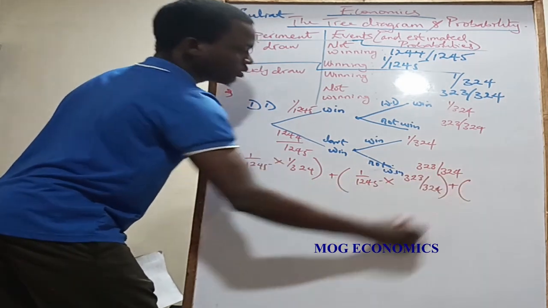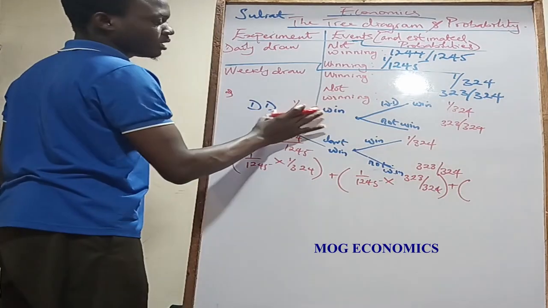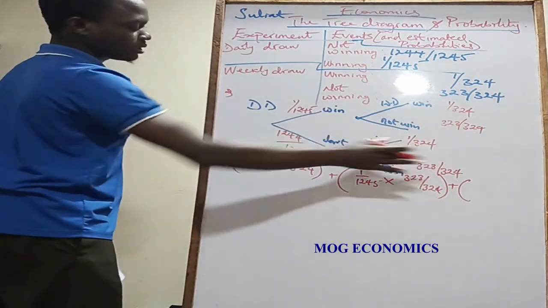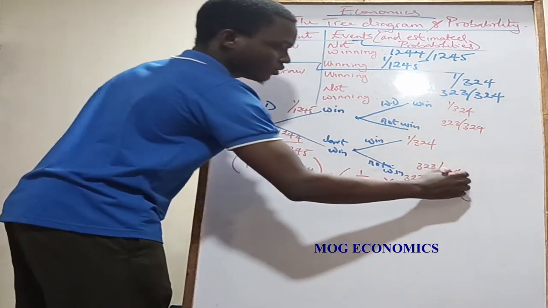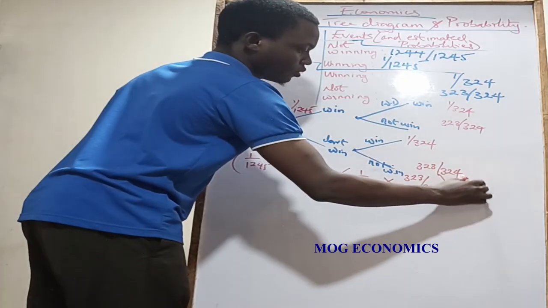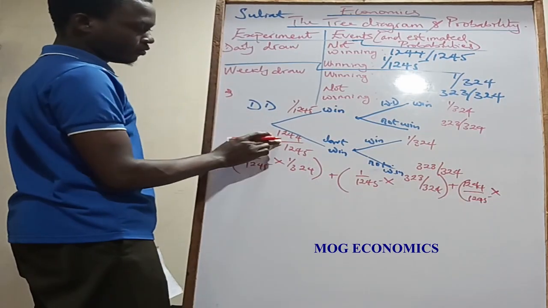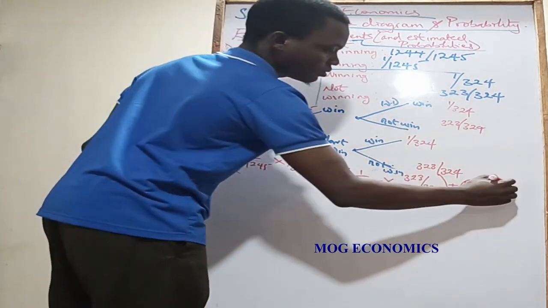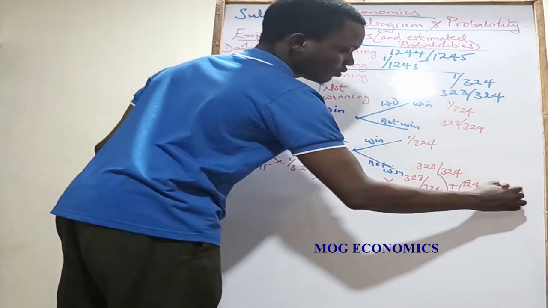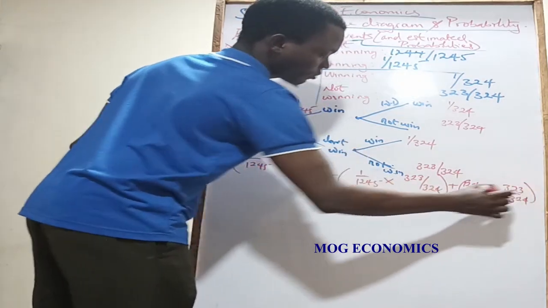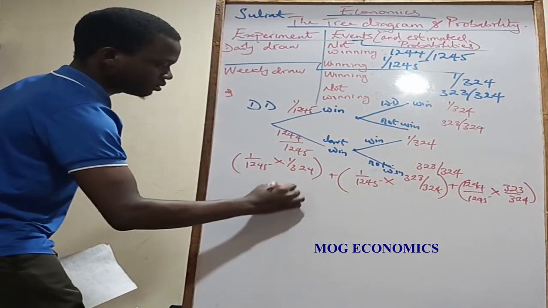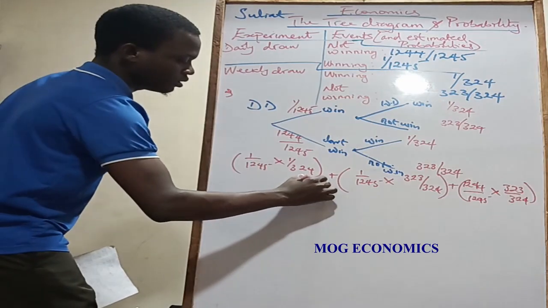Then plus, open the bracket. So you're done with this particular part, and you come to this other part: 1244 over 1245 times 1 over 324, then times 323 over 324, then finally plus 1244 over 1245 times this.